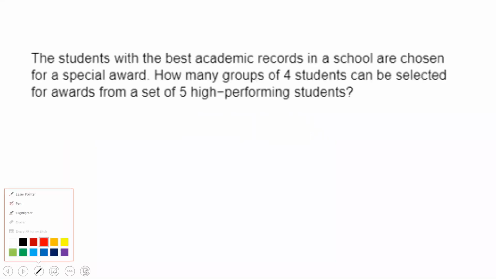So let's look at this first example. It says the students with the best academic records in a school are chosen for a special award. How many groups of four students can be selected for awards from the set of five high-performing students? Now, it says here they are chosen for a special award, so that means there's no difference between the awards.